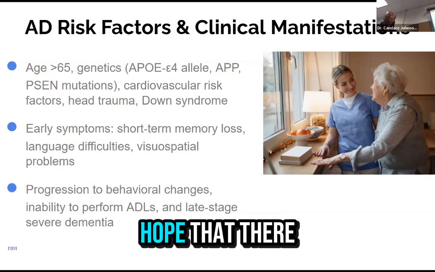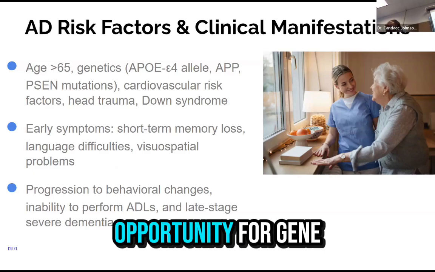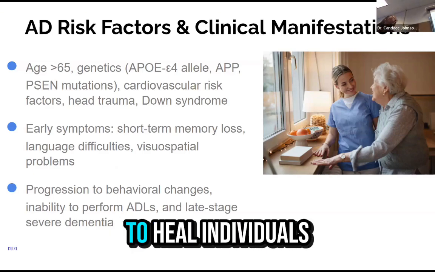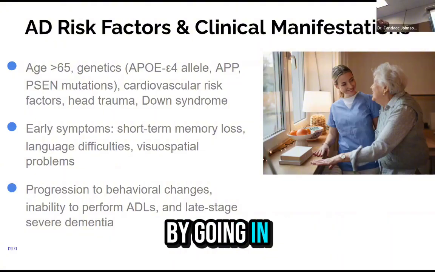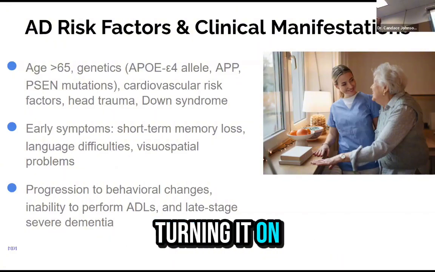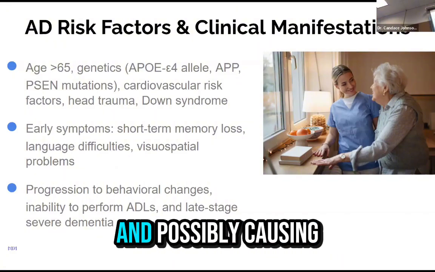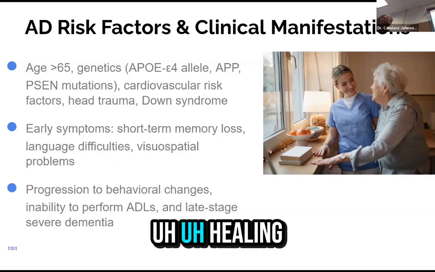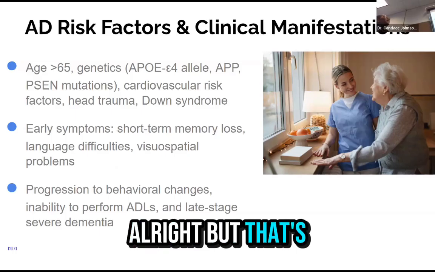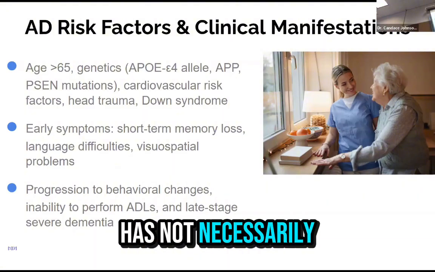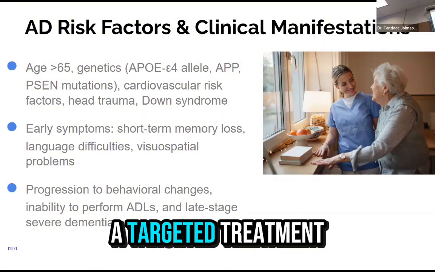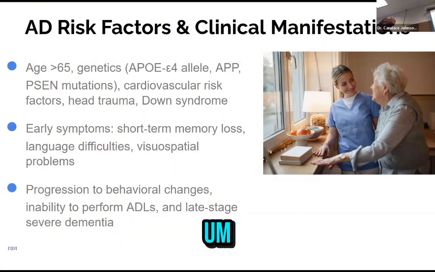So I hold out hope that there will be the opportunity for gene therapy to heal individuals with Alzheimer's disease by going in, targeting the gene, turning it on or off or whatever they do, and possibly causing healing. All right, but that said, knowing the genetic marker has not necessarily led us to a targeted treatment, but we do know the connection is there.